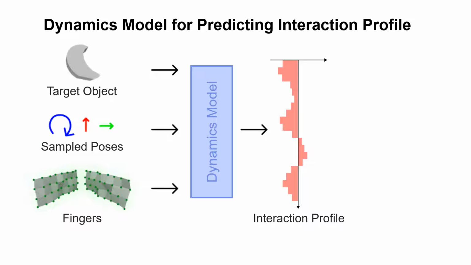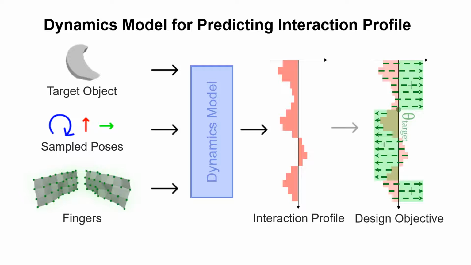We train a dynamics network to predict interaction profiles in a differentiable manner. The network learns a general model of how a random distribution of fingers interacts with the distribution of objects from simulated interaction data. Then the design objective can be constructed and gradients can be calculated.